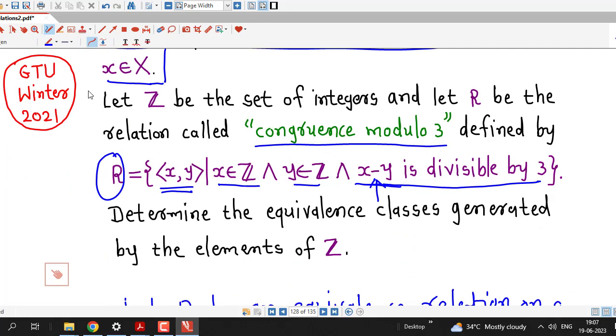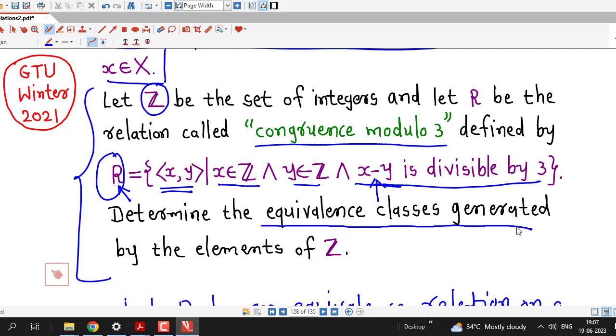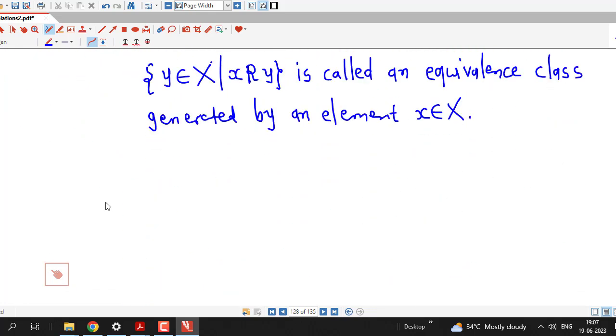Now in this part we are considering capital X equal to the set of integers, and we have taken this congruence relation on the set of integers, and we know that the congruence relation is an equivalence relation. Therefore we can talk about the equivalence classes generated by the elements of Z with respect to this congruence relation. First we write the congruence relation here.